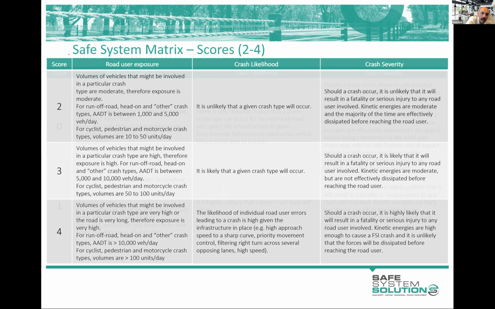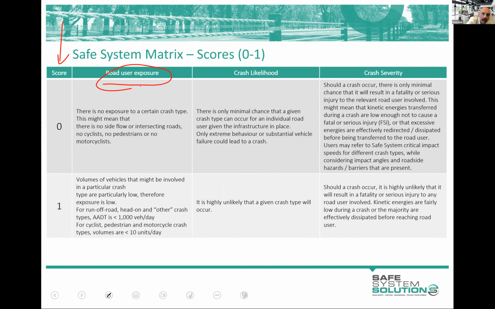And you can see here we've got a score for exposure, likelihood, severity, and a definition of how we get there. So let's look at what a 1 would be for exposure. Volume of vehicles that might be involved in a particular crash type are particularly low.